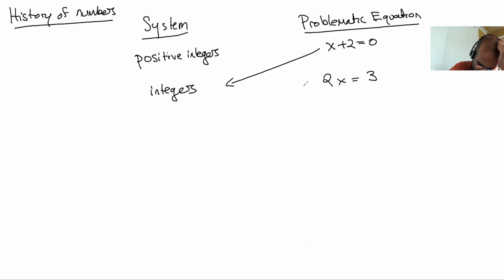So then, I guess in ancient Greece, they really got into this and they decided to invent, or I don't know if they invented it, but they at least wrote about it a lot, the rational numbers, which is fractions. People were pretty happy with this until I think about 200 BC, or maybe even a little later. But there are some very problematic equations in this also, like x squared equals 2.